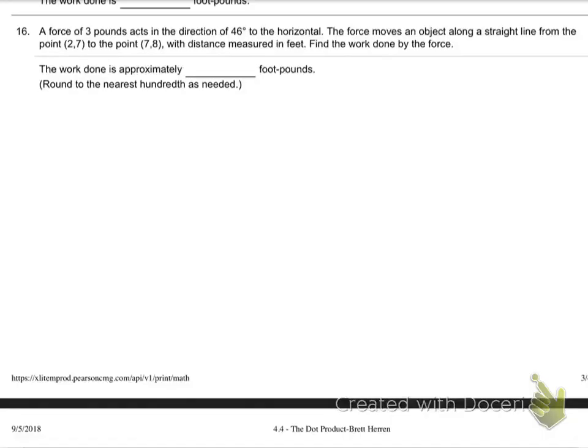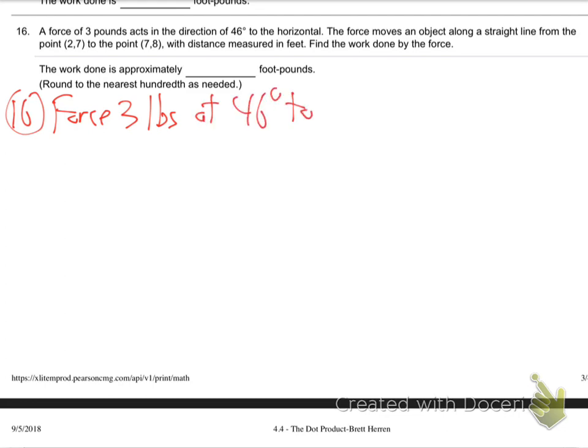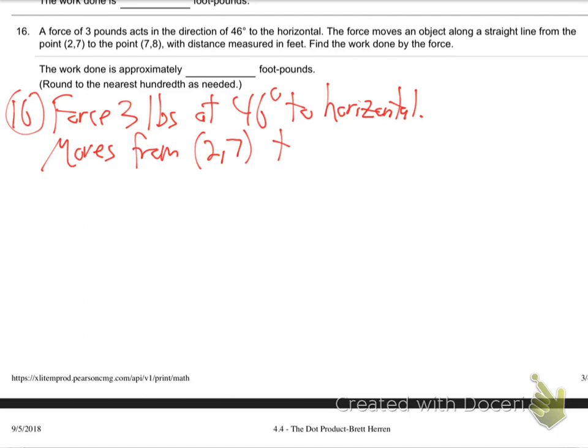So a force of 3 pounds. You probably can't even read that. Let me rewrite this one. So right here, number 16. Force 3 pounds at 46 degrees to the horizontal. It moves some object from 2,7 to 7,8. Find the work. So you know the deal.